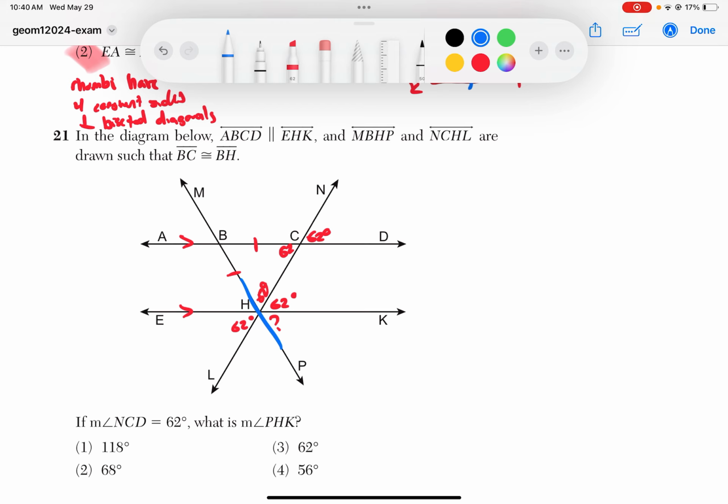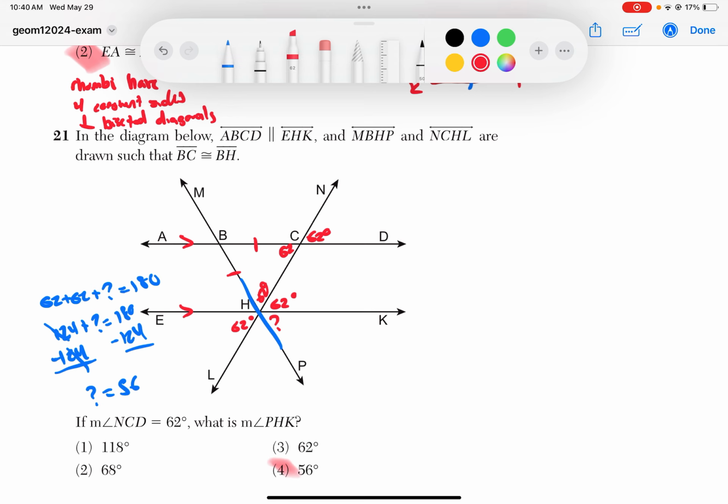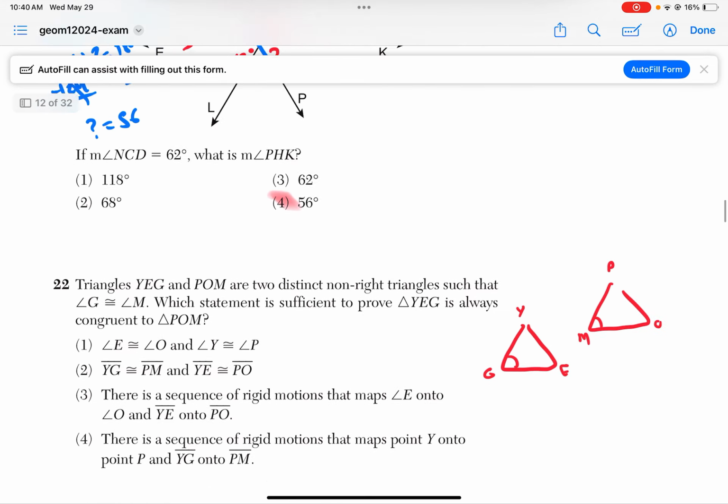So all these angles have to add up to 180. So we got 62 plus something gives me 180. So 124 plus something is 180. So it's got to be 56 degrees, which is 4. Getting there.